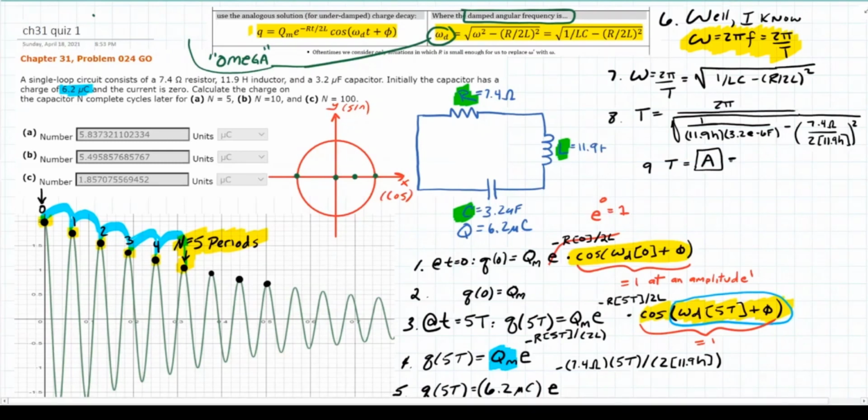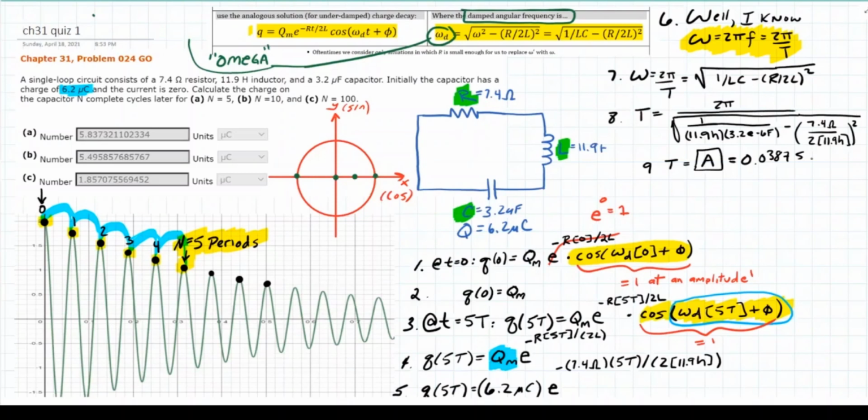I'll definitely double check. I got this right. I got the same answer twice.